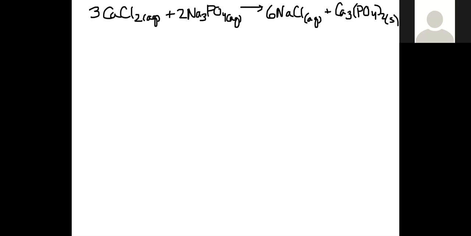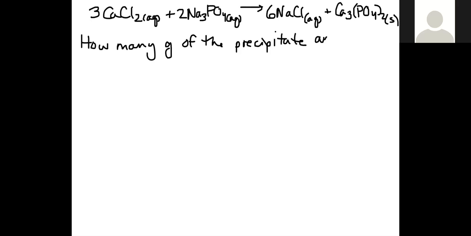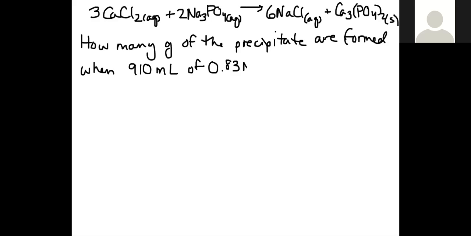So I would say, how many grams of the precipitate are formed when 910 mL of 0.83 molar Na3PO4 react? And we're going to assume that the other reactant is in excess.